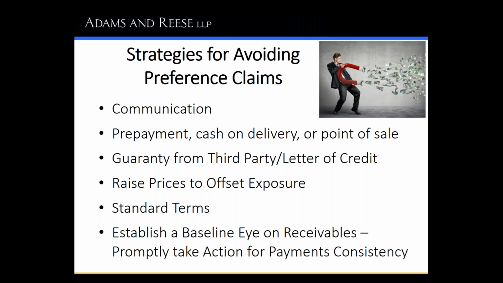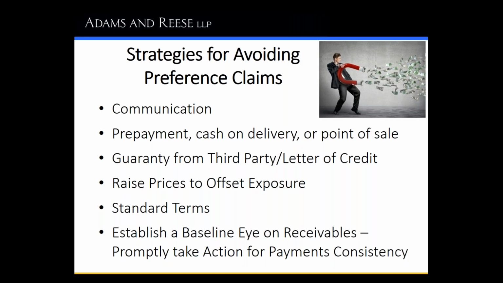You may also want to look to see whether there are defaults that you could declare. You may want to see whether it has a cure period for late payments and those types of things. You also want to make sure, because these agreements sometimes get amended, that you've got the latest version of it and are aware of exactly what the terms are.